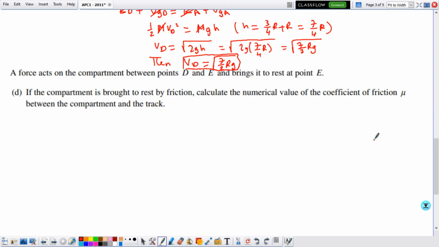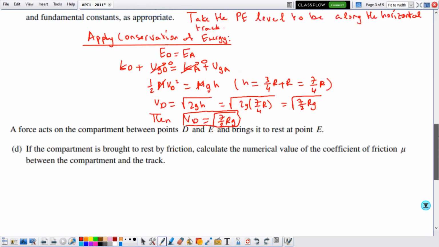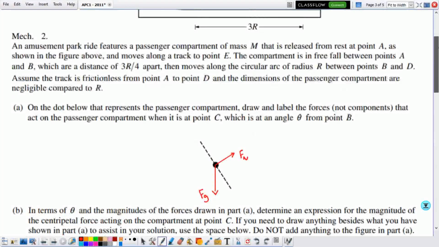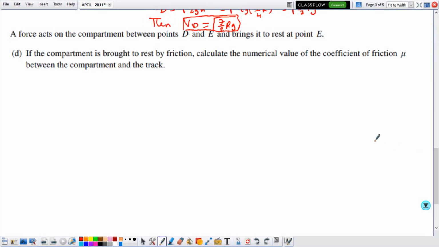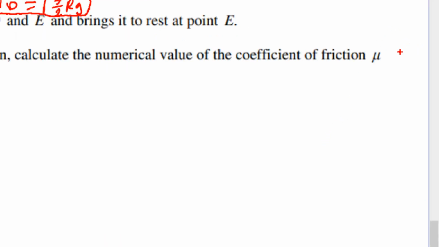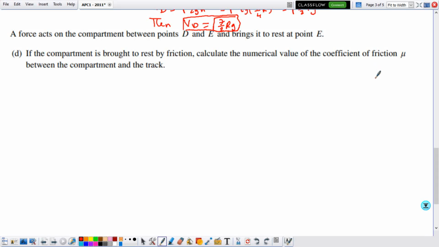We have two choices: either the friction between the compartment itself and the horizontal track, or it might be due to drag force, which is basically exerted by the fluid, which is the air surrounding the compartment. Now in part B, they're telling us if the compartment is brought to rest by friction, calculate the numerical value of the coefficient of friction mu between the compartment and the track. Now here by mu, they're referring to the kinetic coefficient because there is relative motion between the compartment and the track.